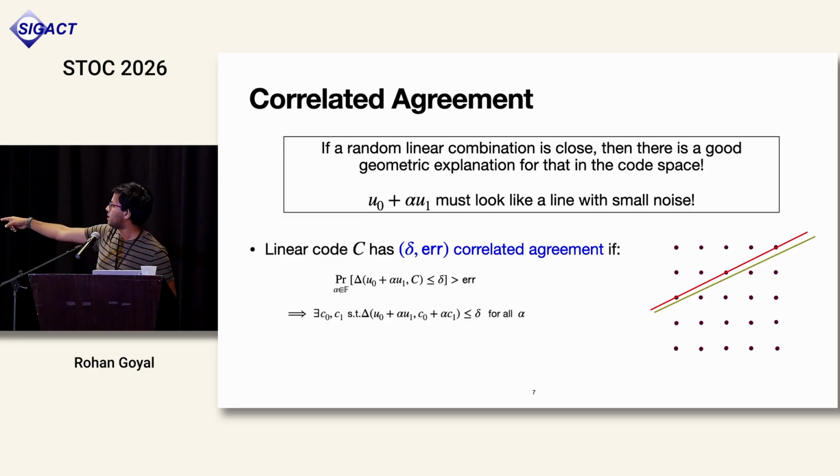So I'm saying that if with high probability over a random linear combination of U0 and U1, it was close to the code, then there are C0 and C1 in the code space, and this entire line is actually close to this noisy line. So it's some kind of geometric explanation for the closeness of this line.